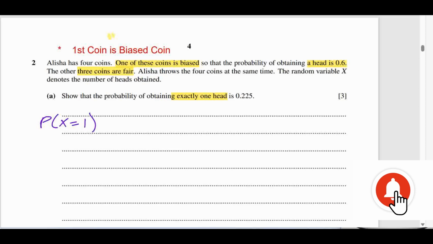So x को हम क्या कह रहे हैं, x will represent the success, और success the random variable x denotes the number of heads.